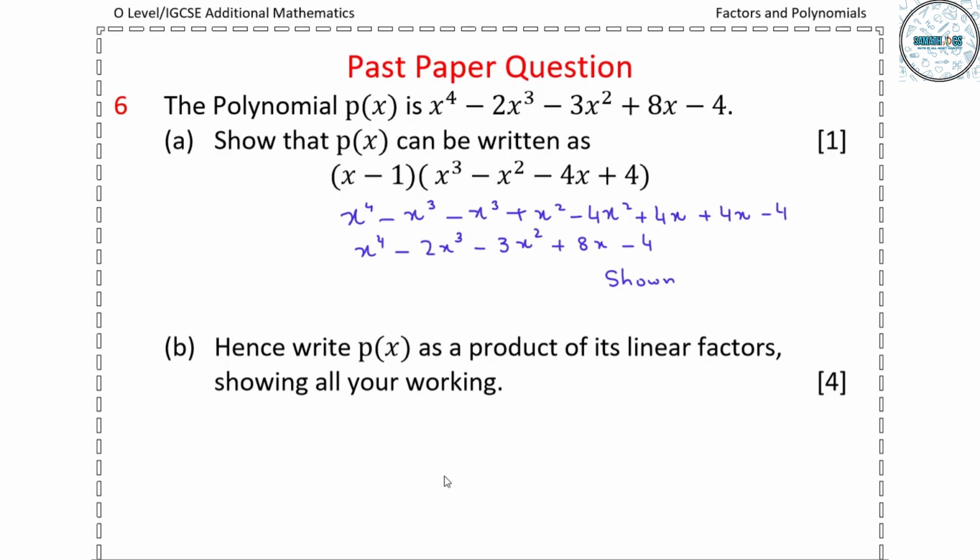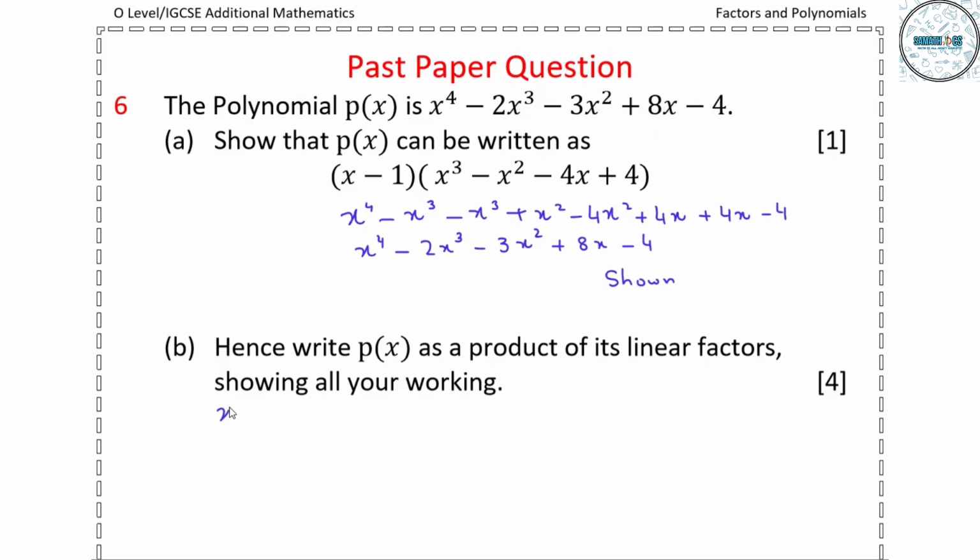Part B: Hence write p of x as a product of its linear factors, showing all your working. We have to show that p of x can be written as a product of its linear factors. It means that we have to factorize it.